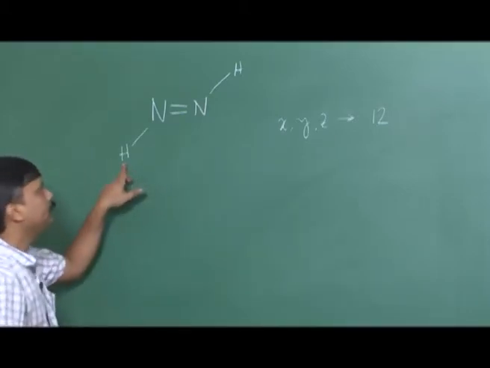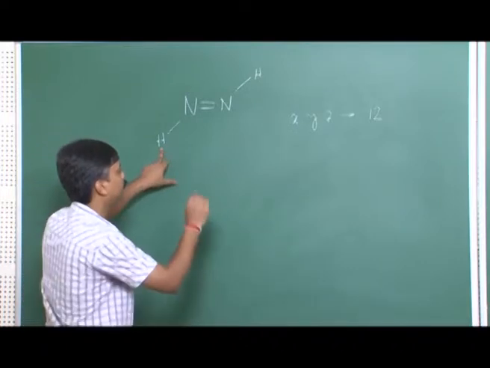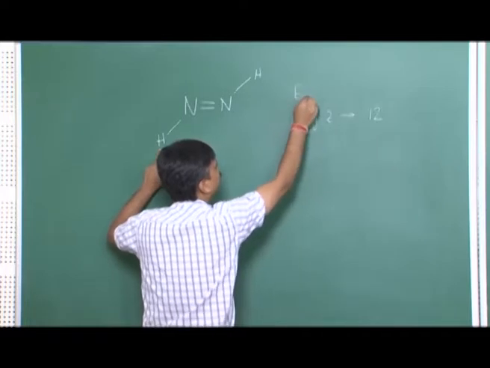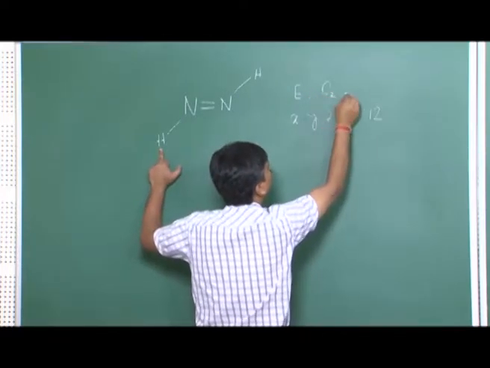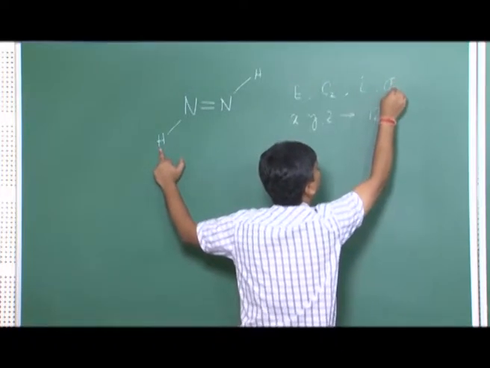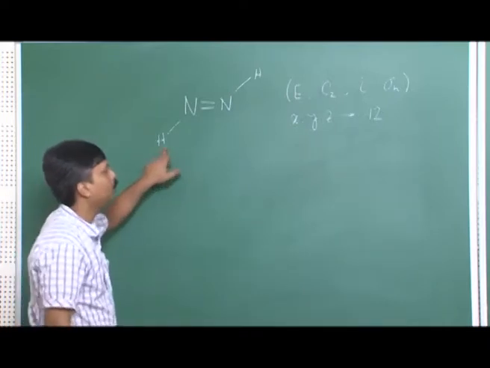So what it tells is, when I operate all the symmetry operations, say for example what are the symmetry operations that I have? I have identity, C2, I have inversion symmetry, and I have sigma h. So these are the 4 symmetry operations that are possible here.